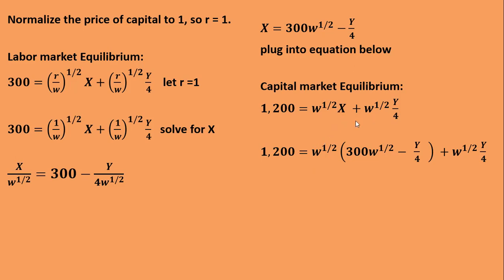Where I have an x, I'm plugging in this 300w to the 1/2 minus y divided by 4, and we're going to solve this for w. Some nice things cancel here. These y terms will eventually cancel, and so we get a wage of 4. Moving on.